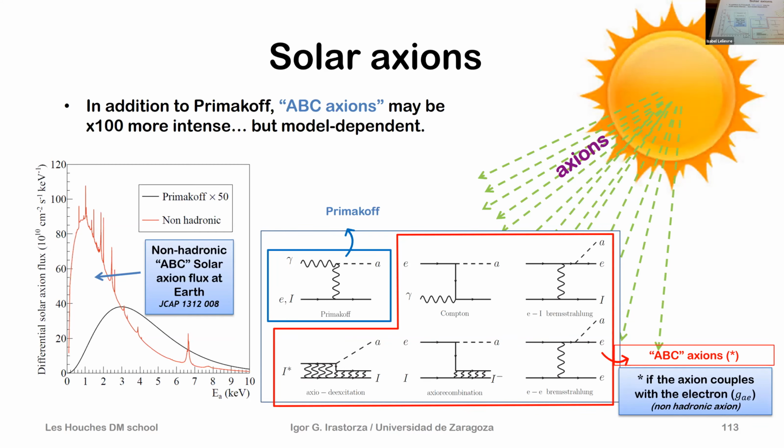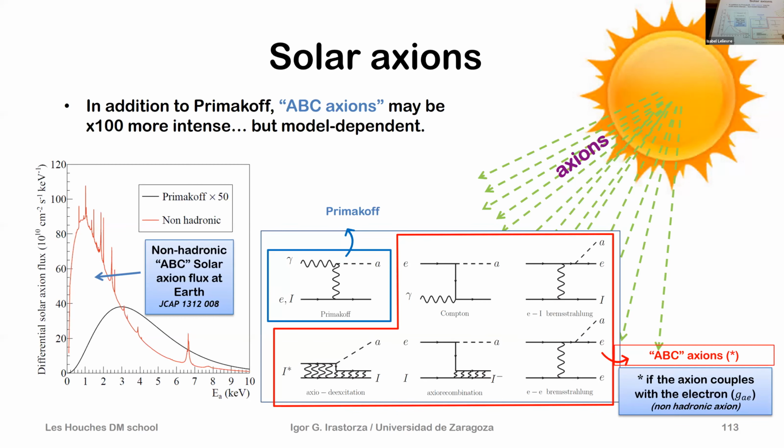Bremsstrahlung, and some other processes that are based on the axion electron coupling. That may happen also in the sun. And model dependently, in some cases, if the model has this coupling, this population of axions may be even more important than the Primakoff. So it's nice to have it in the one, but not to rely 100% on it.